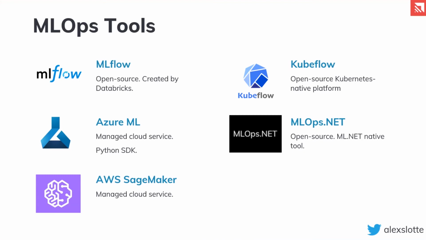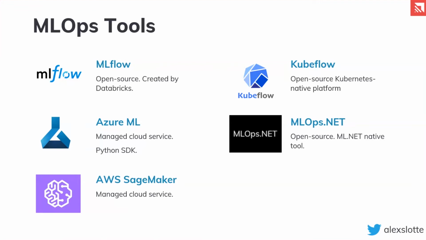If you want to interact with it from your training runs, you have a Python SDK. There's also integration with Azure DevOps here, and I think there's also integration with GitHub Actions for Azure ML. It's a great service. I played around with it a bit. I haven't used it so much myself. It's a little bit expensive. The thing I would say about this is that it does not support ML.NET models. It only supports Python and R-based machine learning models.